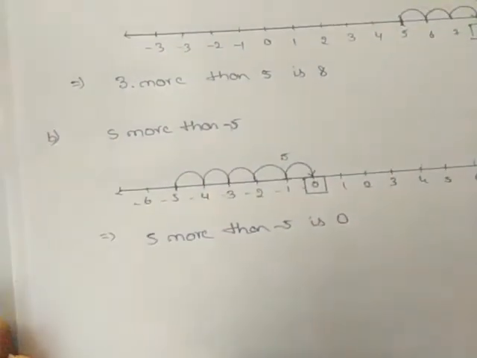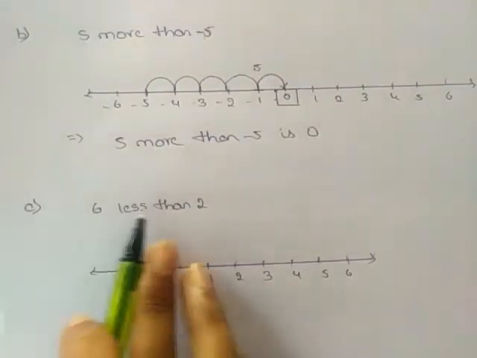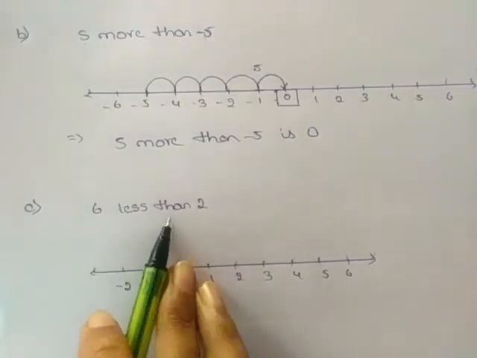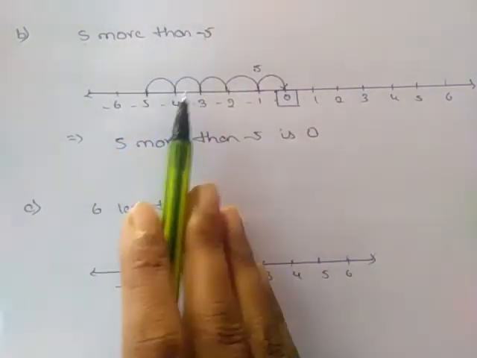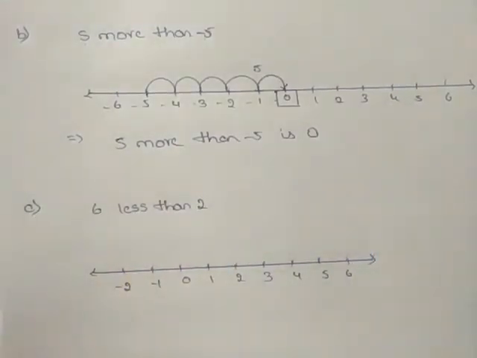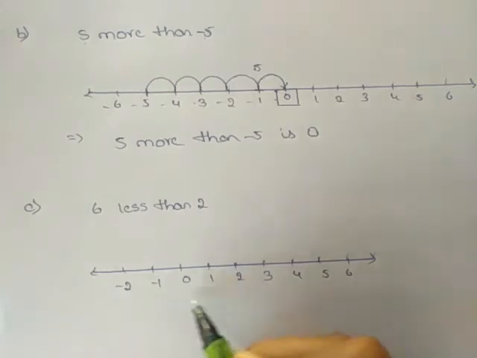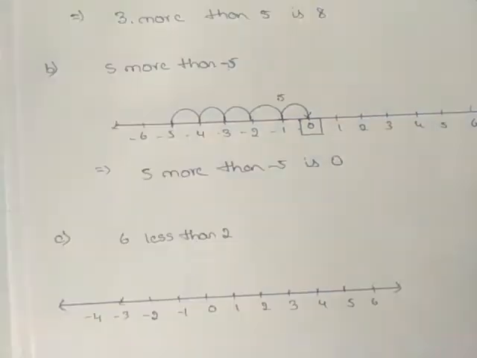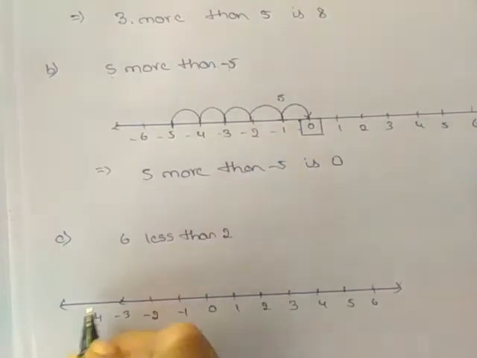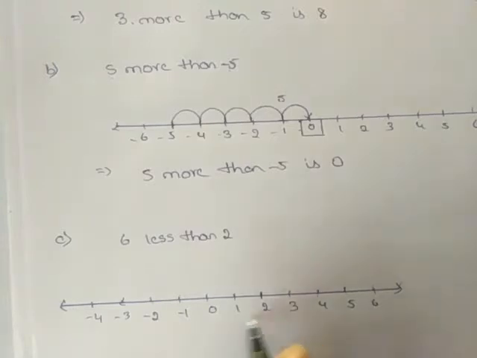Okay. Similarly, C, 6 less than 2. Here, more than means we moved in a right direction, right? Less than means we should come back in a left direction, isn't it? From 2 we need to come back 6 steps. Here I have extended the line. Why do we need to come back 6 steps?